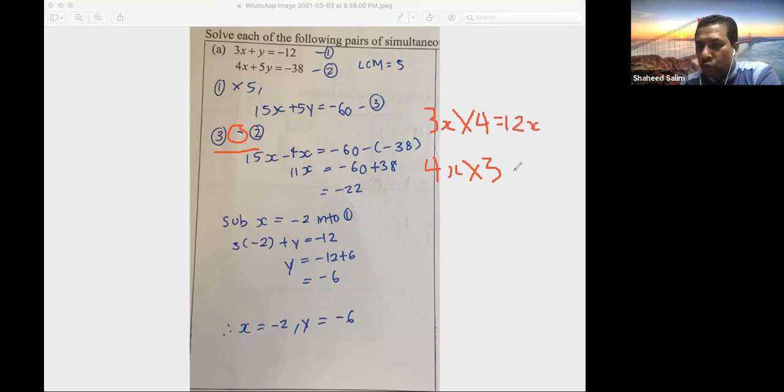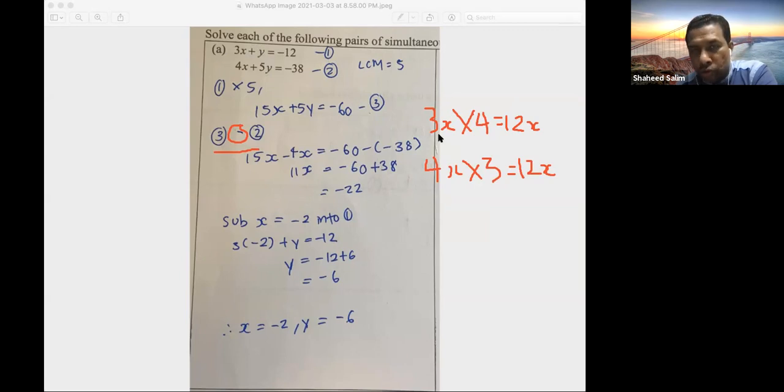Whereas if you choose the y, you don't need to times both equations. Multiplying more equations is more complex. Down here, this is 5y, so you only need to times this by 5. So your teacher chose to times equation 1 by 5.